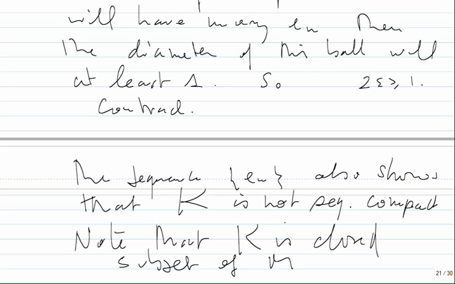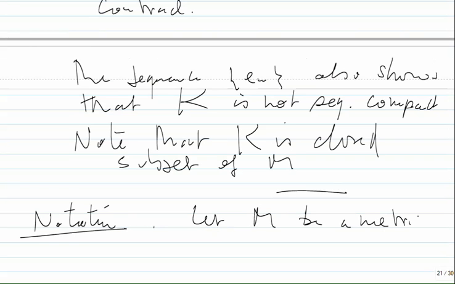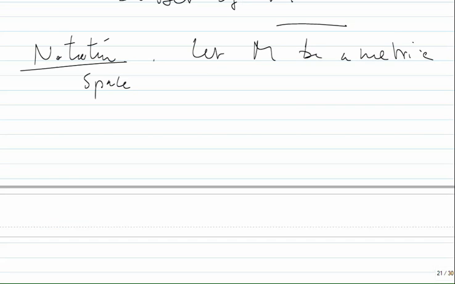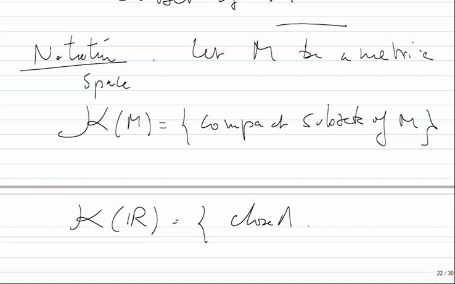So let us introduce the notation: let M be a metric space, and let K(M) be the compact subsets of M. So we know that if we take R, these are closed and bounded.